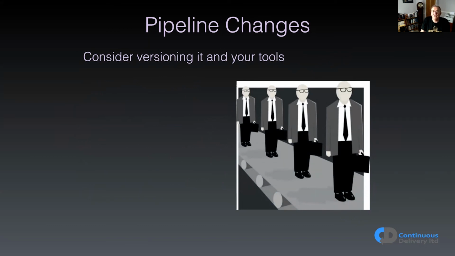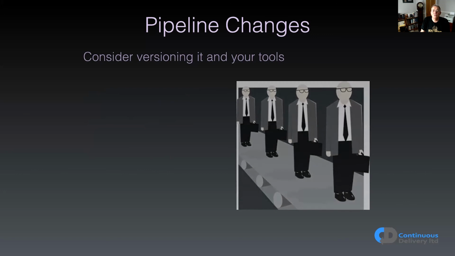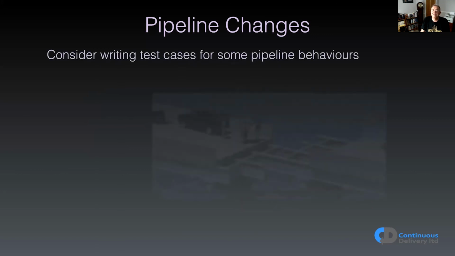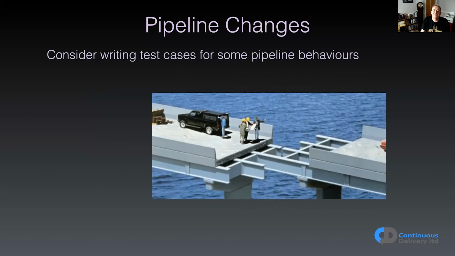Think about versioning it and your tools. It's one of my criticisms of deployment pipeline tooling in the past that often it was difficult to version control, which is ridiculous. It's got better since then. Consider writing test cases for some of the pipeline behaviors. And yes, in the past, I have built deployment pipelines to create deployment pipelines.